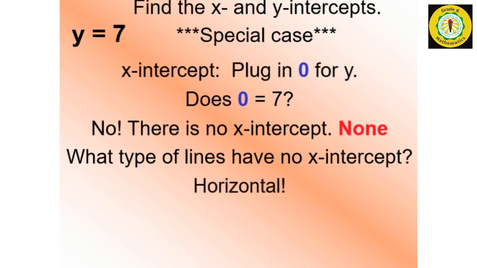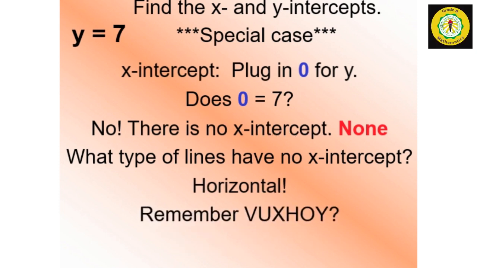So that is horizontal. And for you to easily remember what type of lines, I have here BOX BOY, wherein V stands for vertical, U stands for undefined, X stands for x equals equation, H for horizontal, O for zero slope, and Y equals equation.